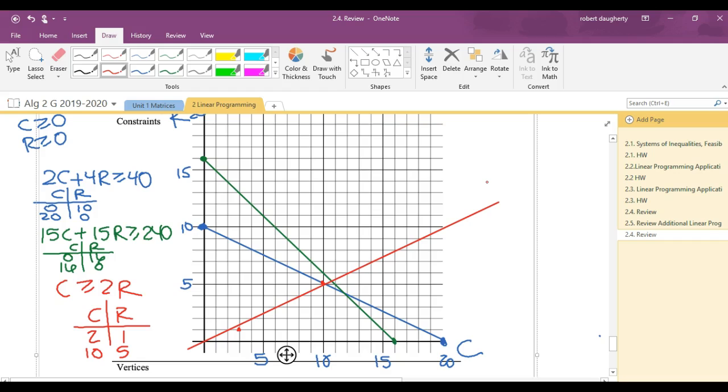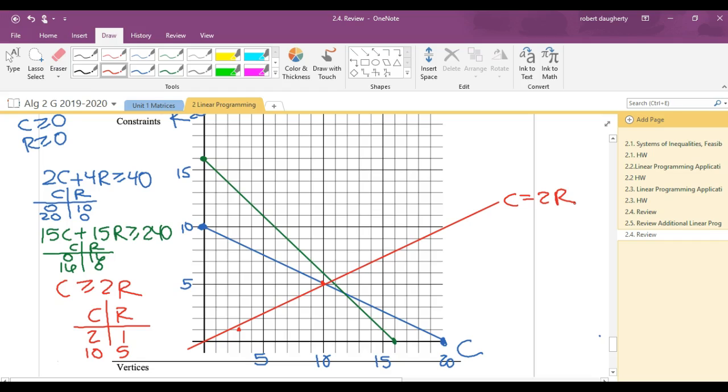Now, I've got to look at this line. This is where C is equal to 2R, okay? So I know that the number of chocolate chips has to be more than twice the number of raisins. So this is the tricky one. C equal to R is this line. Where are the C values greater?